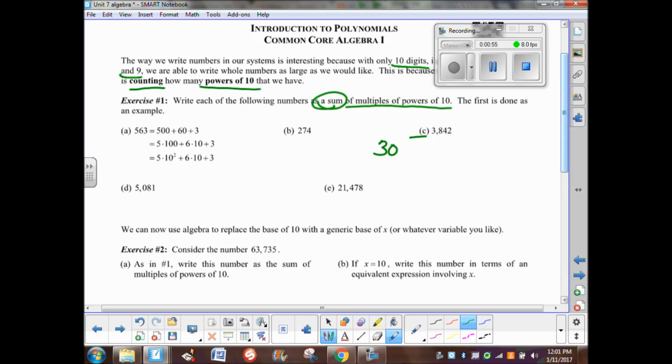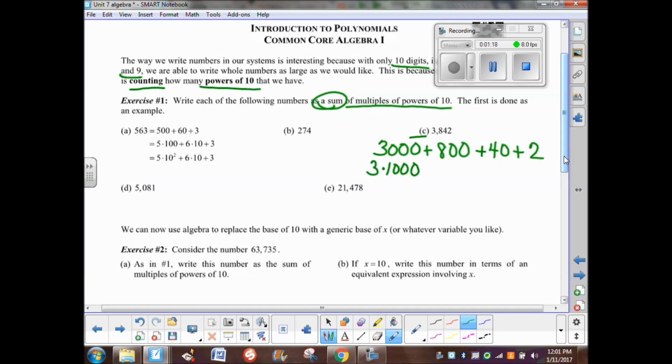Okay, think back to elementary school, because you did this stuff. 3,000 plus 800 plus 40 plus 2. Okay, so I just expanded that. Now if I want to take that one step further, I could say really this is 3 times 1,000.